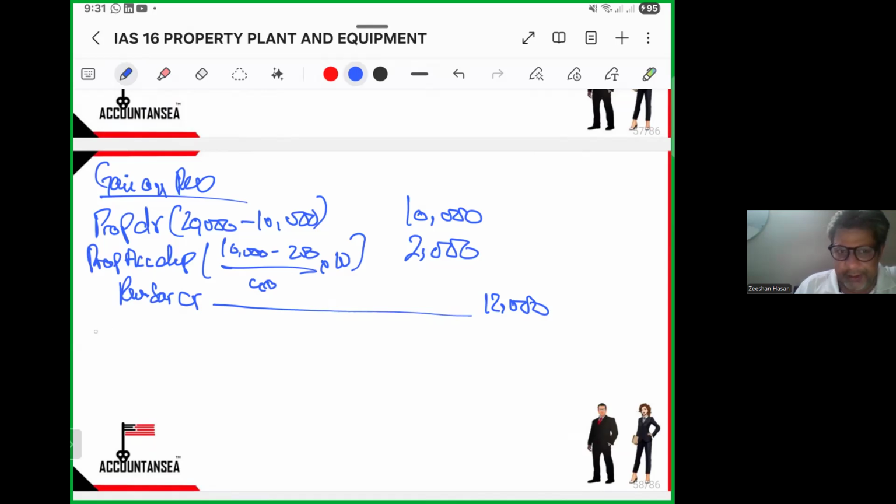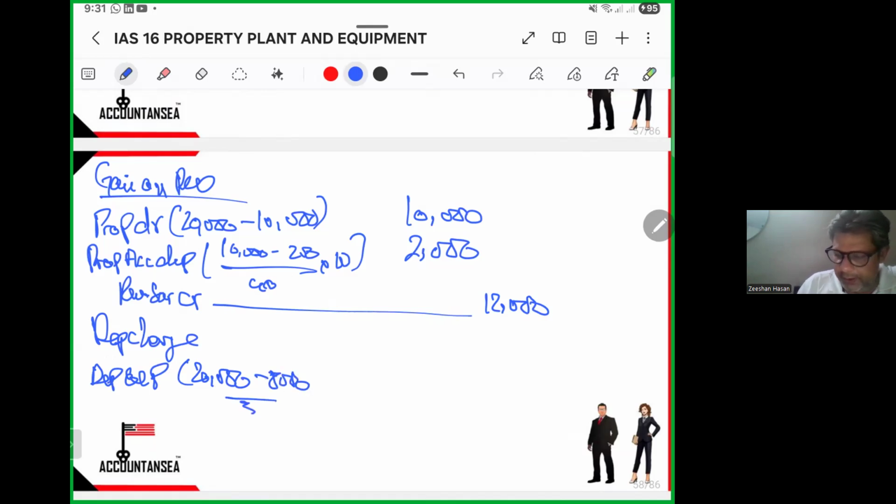Next is the depreciation charge. The double entry is depreciation expense: 20,000 minus 8,000 divided by 30 years life is 400, and property credit 400, the accumulated depreciation.